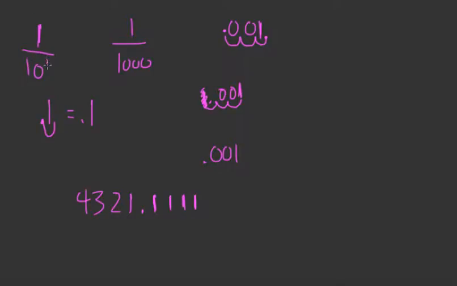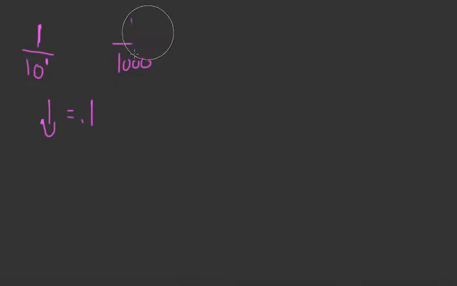And this is where it gets confusing in the book. That's why I didn't mention it first, but I thought I'd mention it now. This is the power of 10, and you move it back 1. And then 1 divided by 1,000 can be rewritten as 1 to the power of 3.